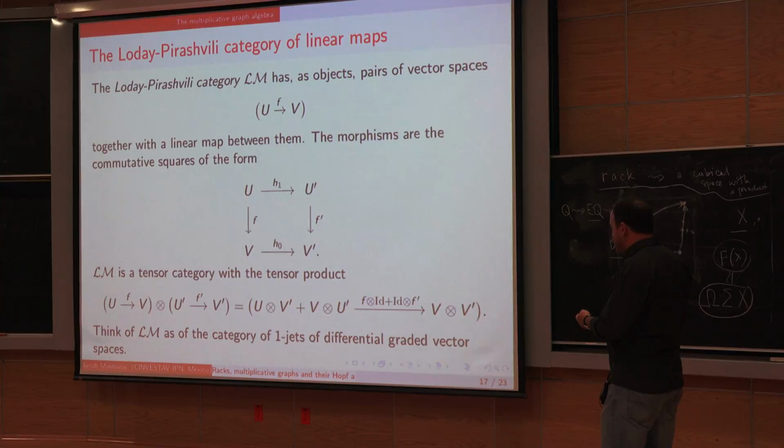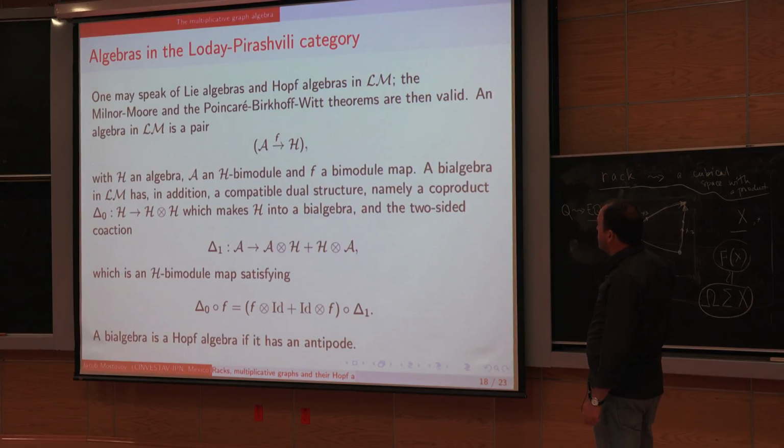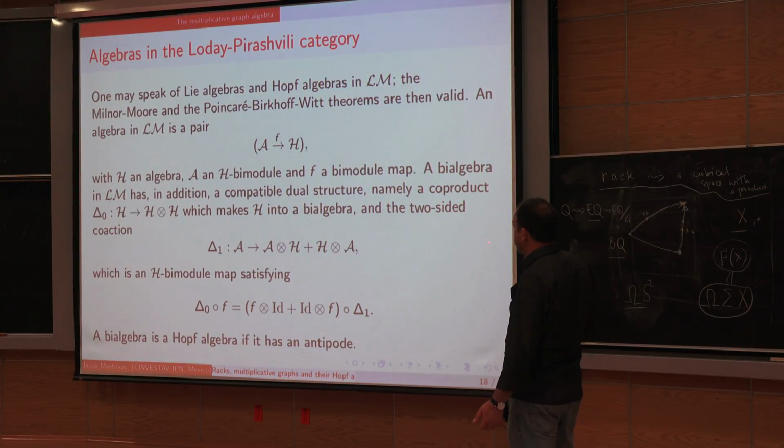It's something quite different from this one. Well, anyway, this is the Loday-Pirashvili category, and you can define algebras in this category, and of course you can just say that it's a piece of a differential graded algebra, but you can define this by hand. Here I'm trying to explain what a B algebra is.